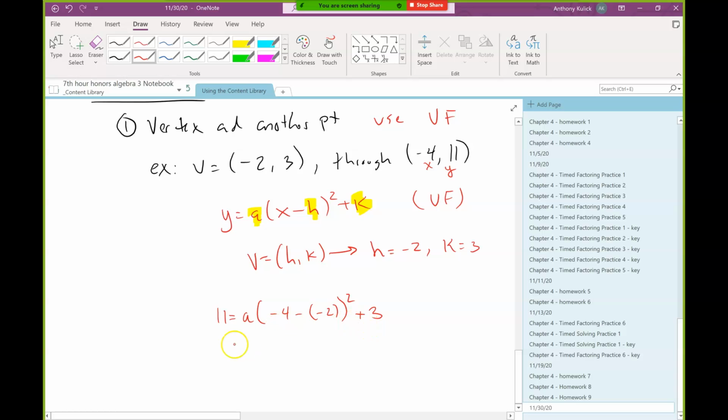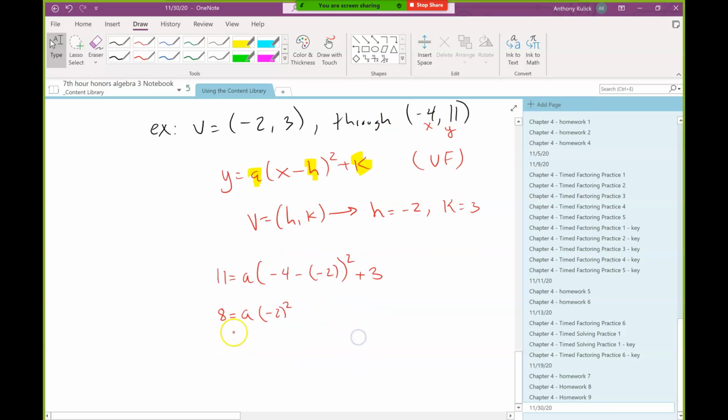So I'll start by subtracting 3 from both sides. And then -4 minus -2 is -2. And -2 squared is 4. If I divide both sides by 4, I get a is equal to 2.